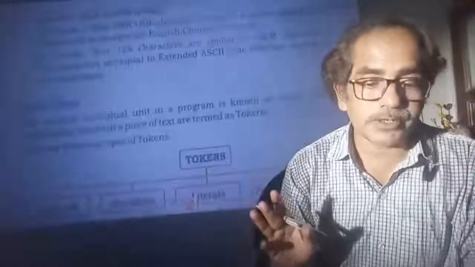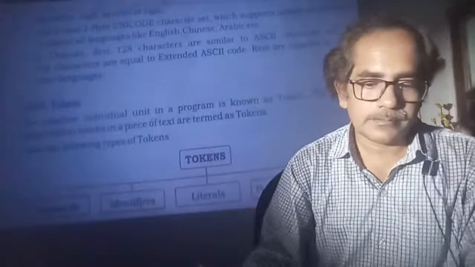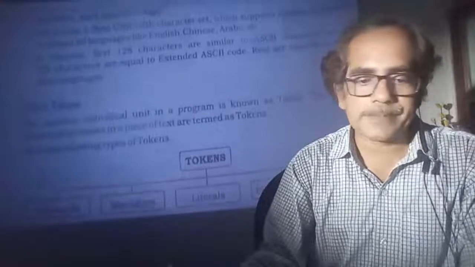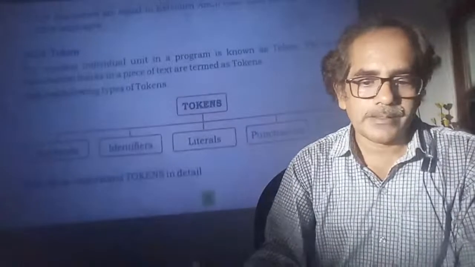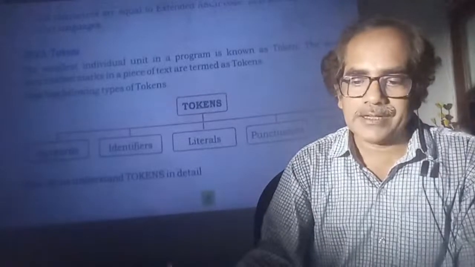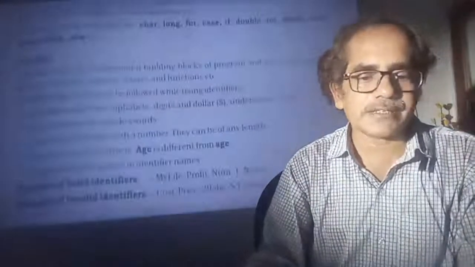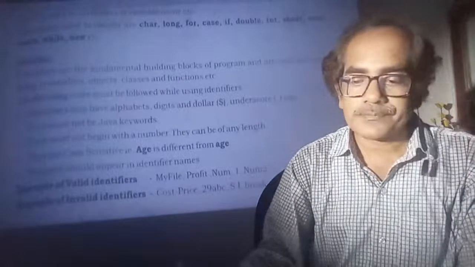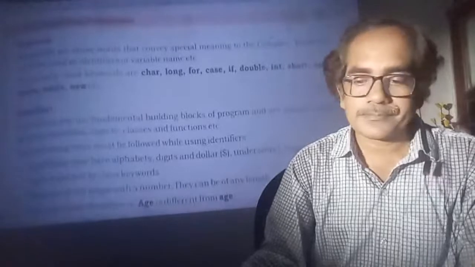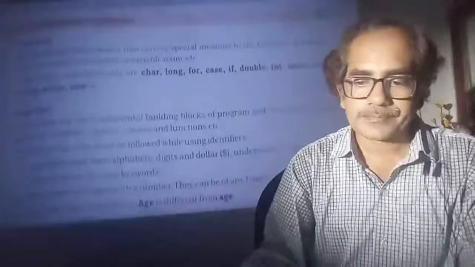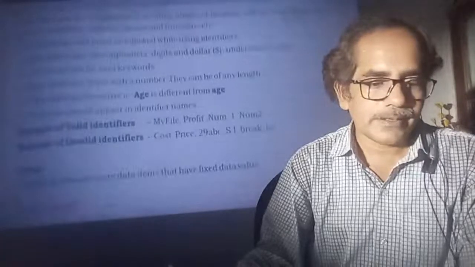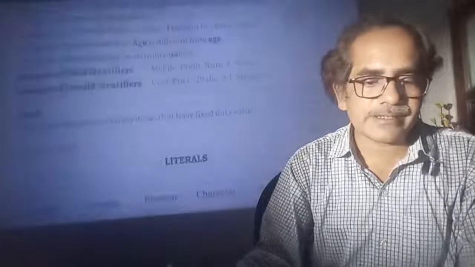See your book. It is mentioned in the form of a tree. Tokens: keyword, identifier, literal, punctuator, and operator. And here you have the details about keyword, about identifier, about literals.